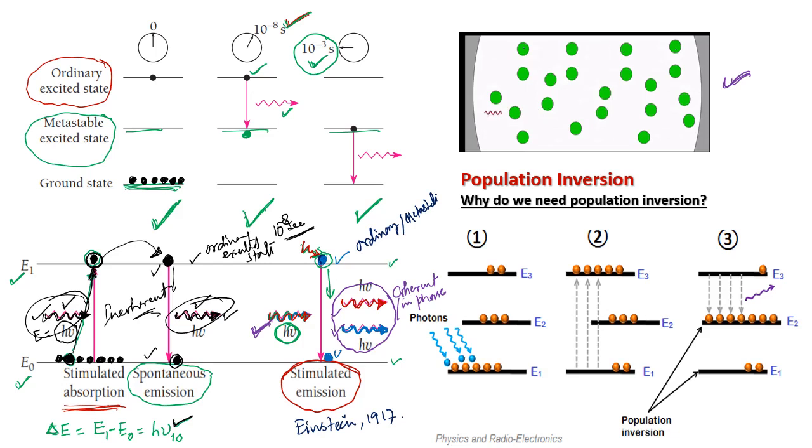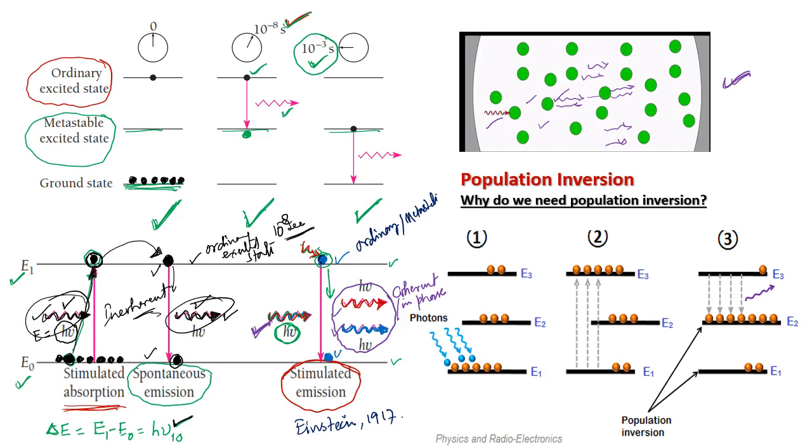One photon comes and stimulates this atom, and we get two photons. Then this photon stimulates another atom and we get another two photons, and similarly there will be a large number of photons. So further, when these photons stimulate two other atoms in the upper state, we get four photons in the final state which are in phase. So all these photons are in phase, so we get an enhanced beam of coherent light.